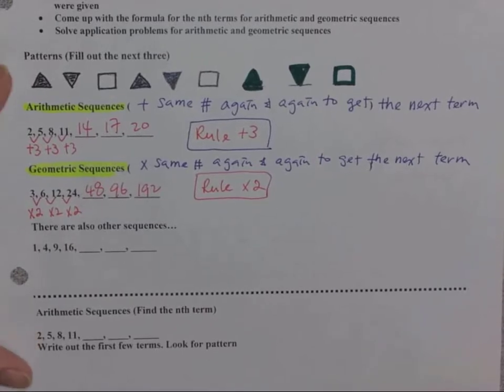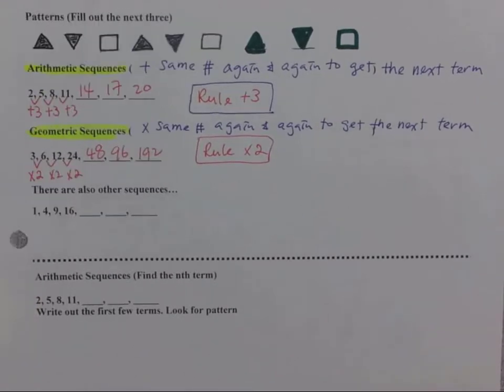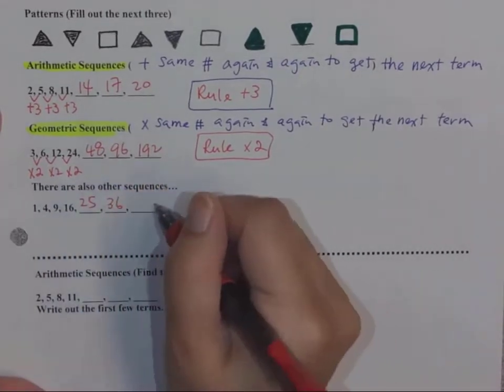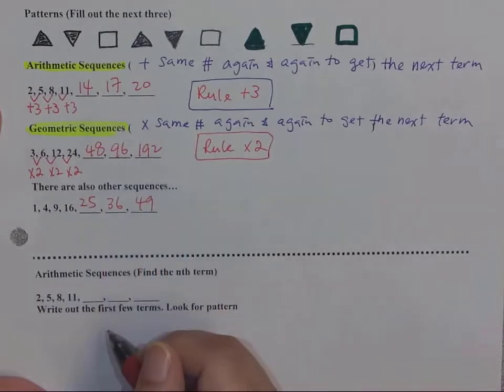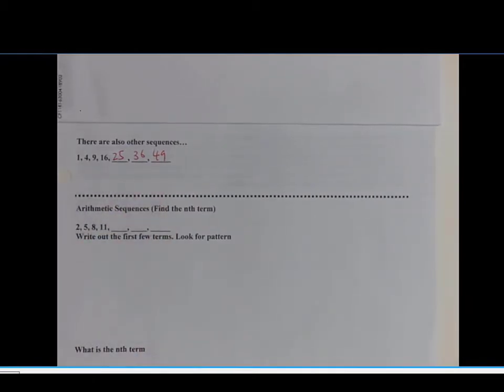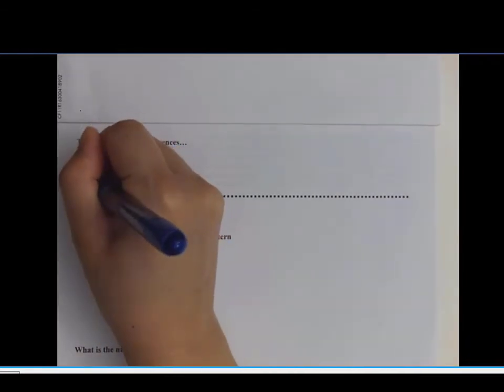What's happening with the next one? 1, 4, 9, 16. What do you think the next few will be? 25, 36, 49. So how do I get those? So we want to think about how do we get from 25 to 36 to 49. If we're looking at the patterns right underneath, we can see from 1 to 4, we are adding 3, right?